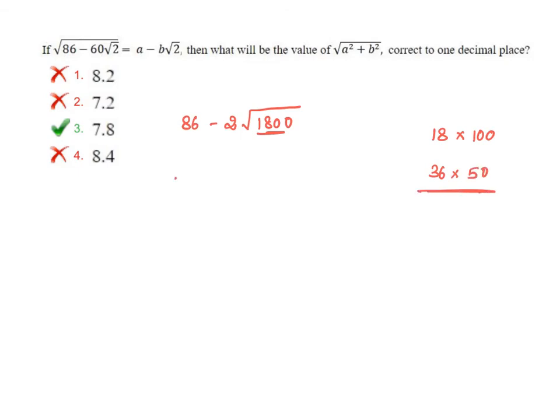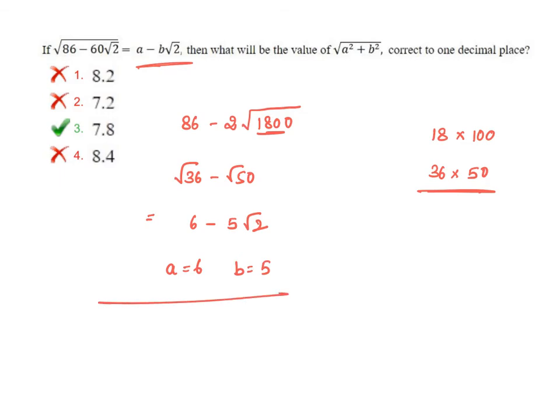So I can write it as root 36 minus root 50 whole square. That root and that square anyway get cancelled. This becomes 6, this becomes 5 root 2. So according to this, a is equal to 6, b is equal to 5.